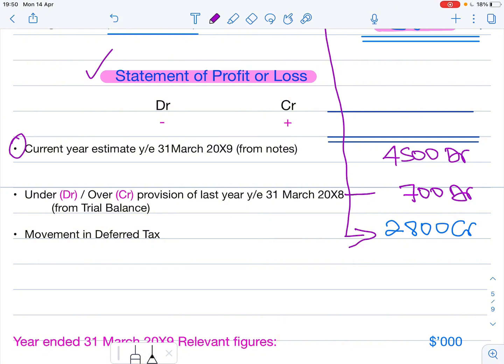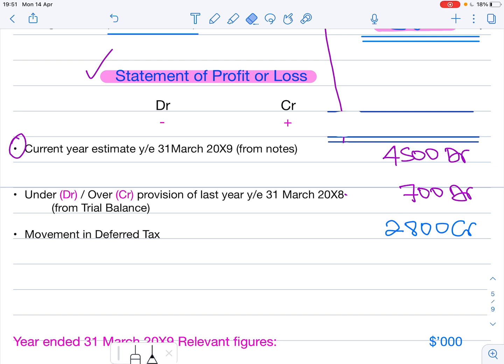So that debit is from the trial balance. Okay, so your statement of profit or loss cannot have more than these three figures, unless you have a case of tax refund, which is going to be a different thing entirely. But let's just focus on this particular question.